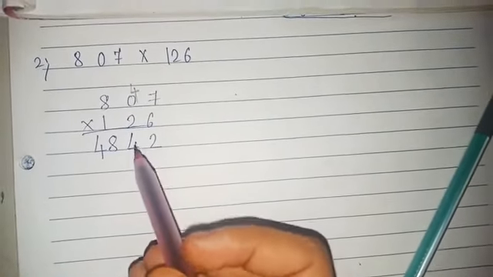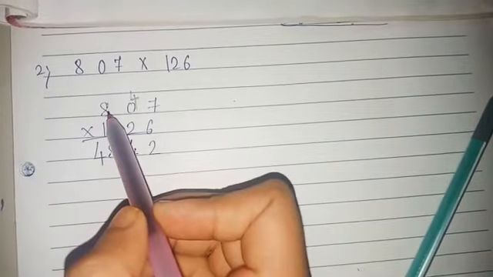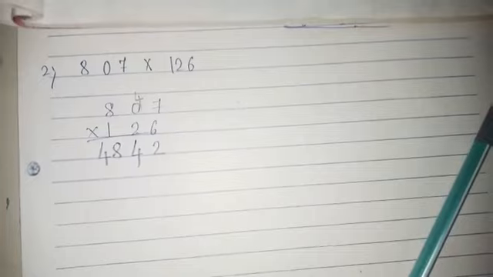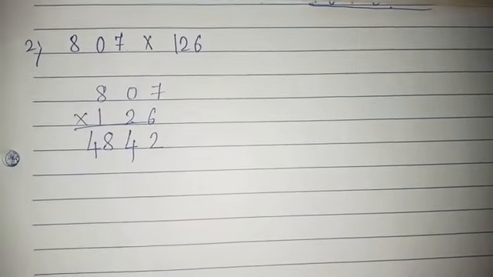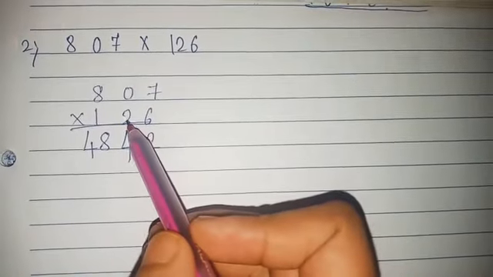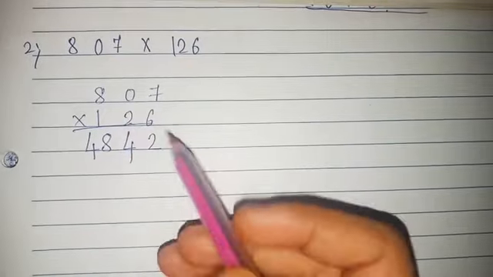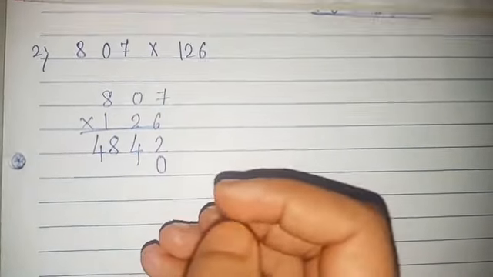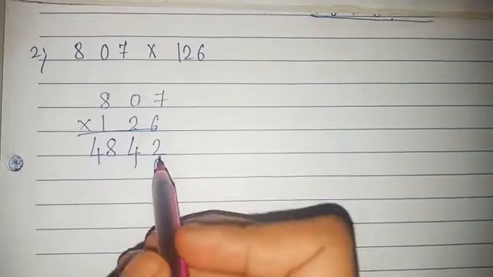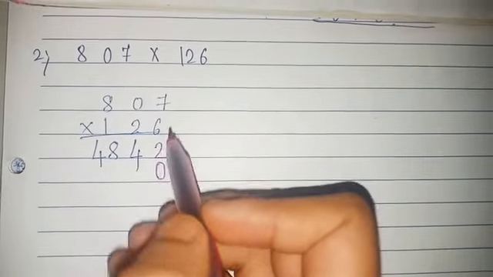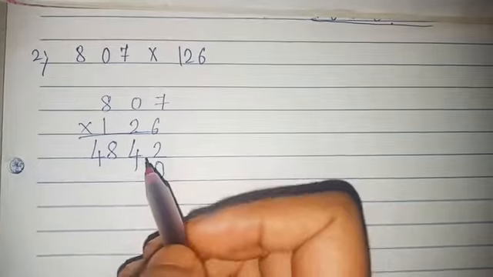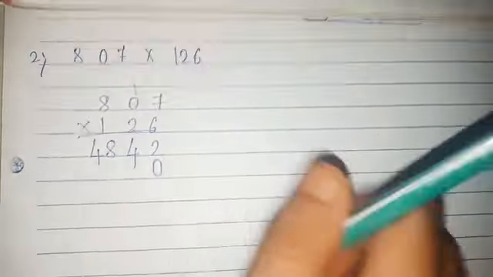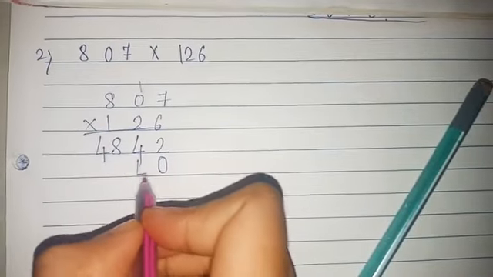Now I will multiply 807 by 2. This 2 is in the tens place, so I will write 0 in the units place. So 2 sevens is 14, so carry forward 1 and 4 will come here, right?